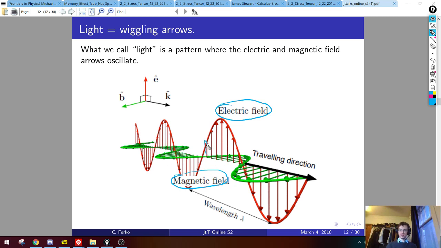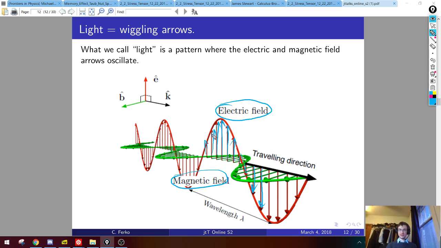And the way is really simply just changing both the length of the arrows and the direction. As you move in space, the electric field arrows pointing up increase to some maximum, then decrease, and then start pointing in the opposite direction, and continue. The magnetic fields point in a perpendicular direction, and similarly oscillate, here pointing to the left, and here pointing to the right on screen, and back to the left, and so forth.